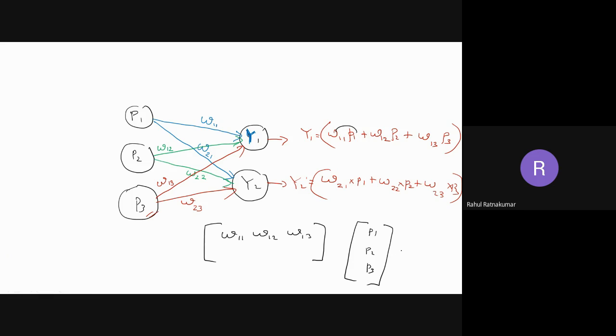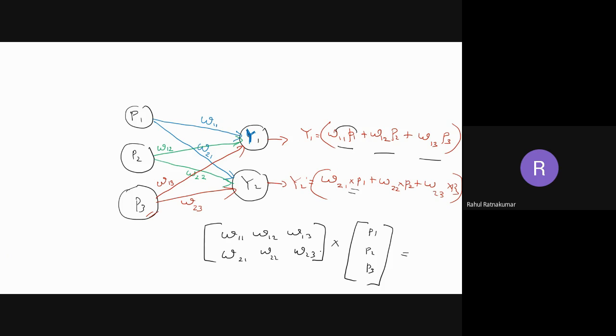w11 into p1, right? This is multiplied like this. w11 into p1, w12 into p2, right? So all these things are done using this matrix multiplication. Now what about the second row? For the second row, if I write the weight matrix like this, w21 into p1, done. w22 into p2, that is also done. w23 into p3, right?